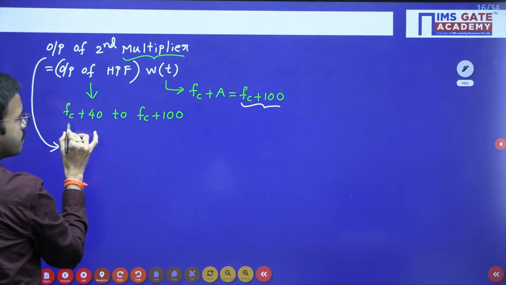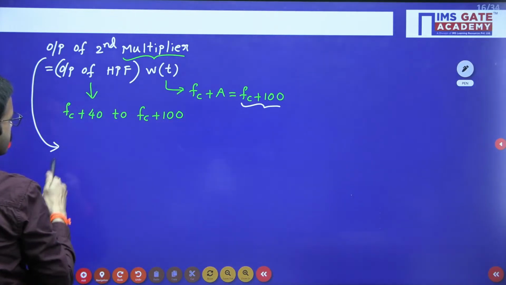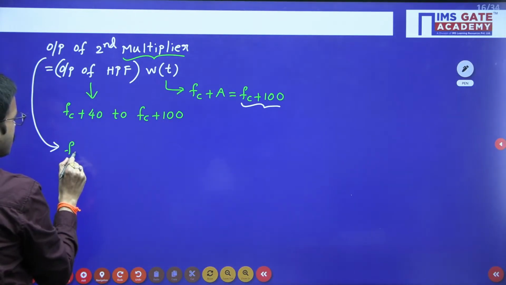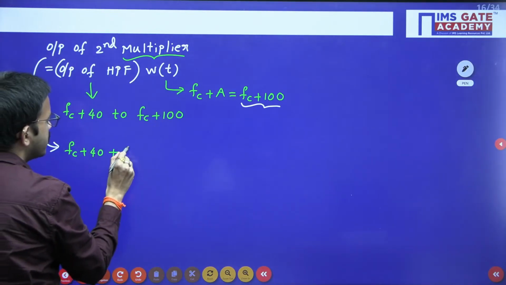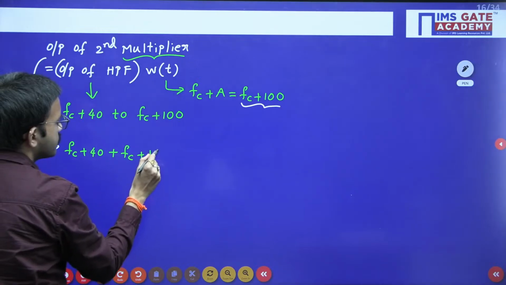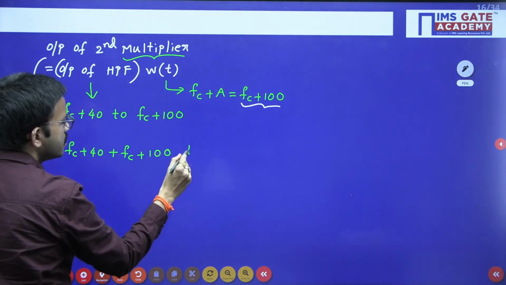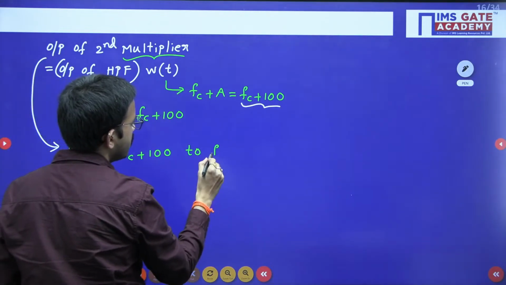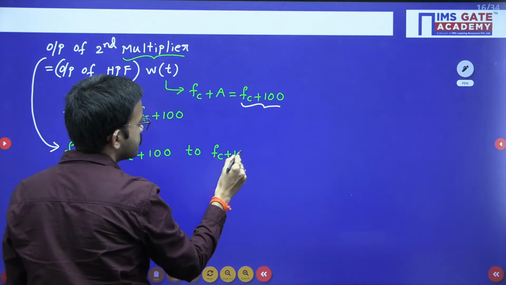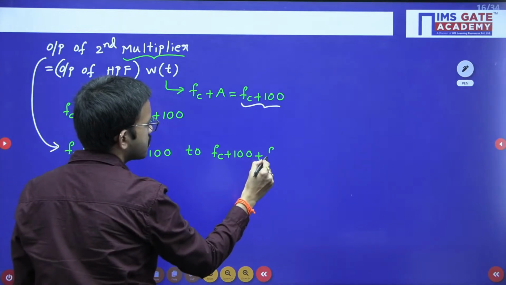At the output of the second multiplier, Fc plus 40 plus Fc plus 100 is the starting frequency, and the ending frequency is Fc plus 100 plus Fc plus 100.